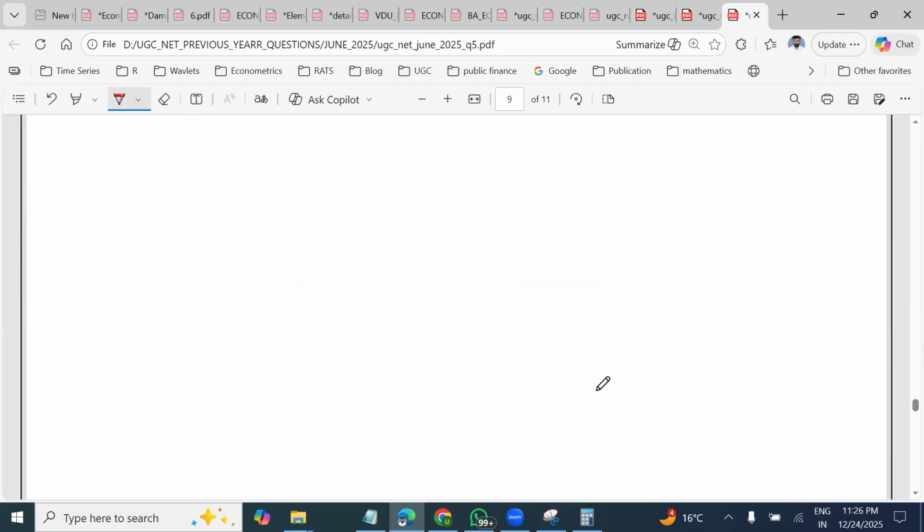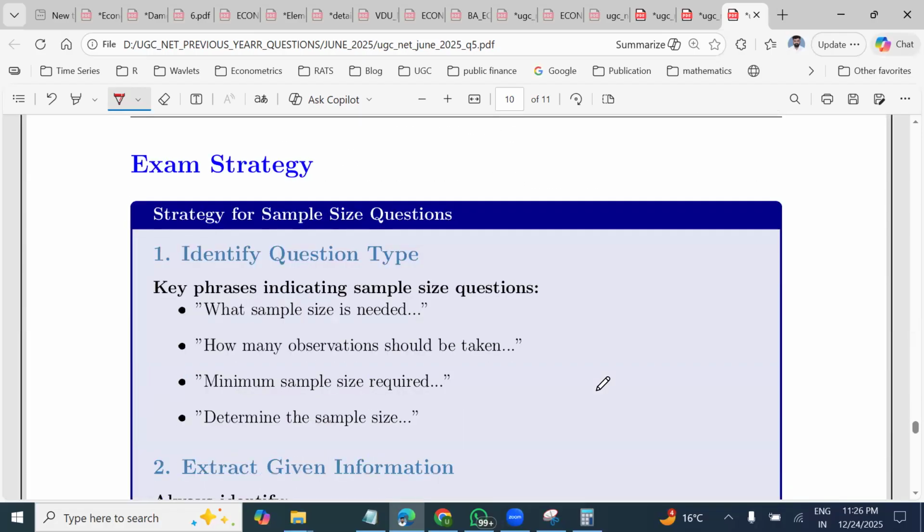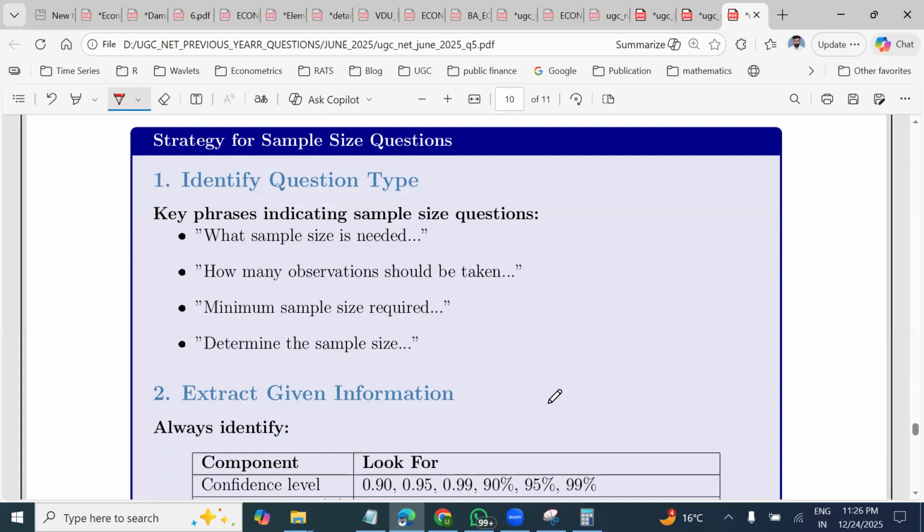Okay, sir. So now, what is the exam strategy? This is very important. When we read at the first time, it will not be very clear, or we should not get afraid. What sample size is needed? Clearly, you will write n. How many observations should be taken, or minimum sample size required? Determine the sample size.